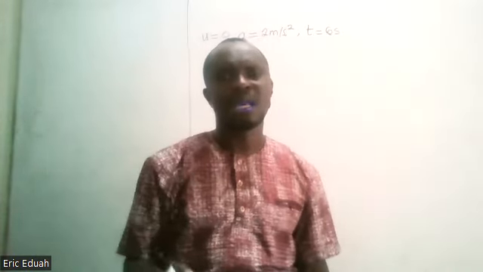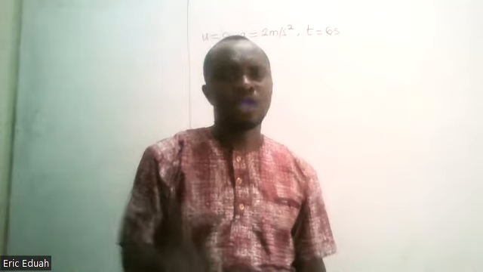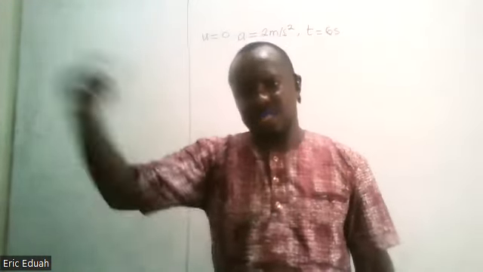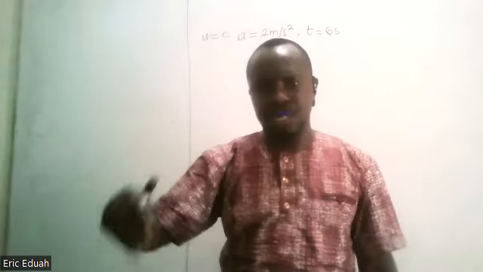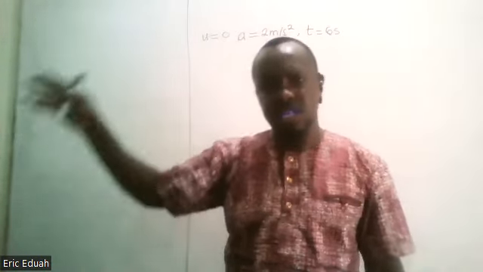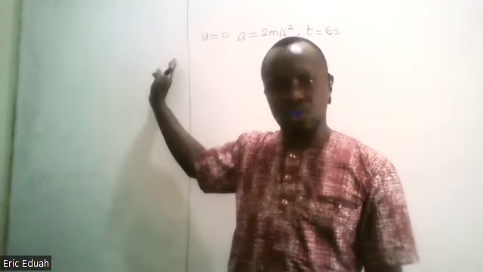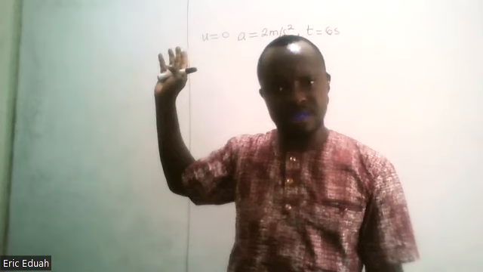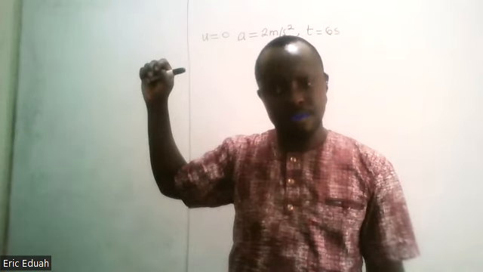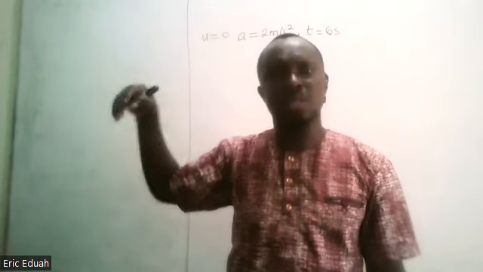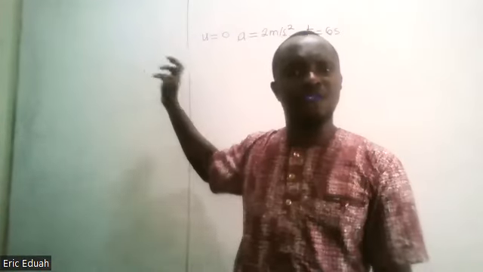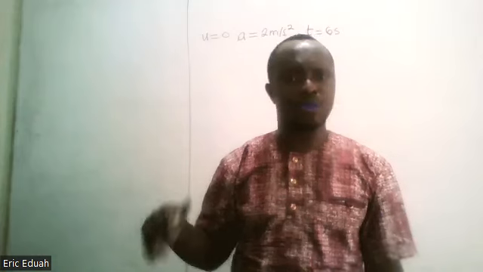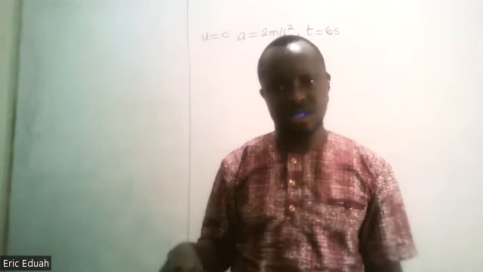It is starting at a point where the initial velocity is 0, so will the final velocity be greater or less than the initial velocity? Greater. Yes. So the final velocity when the body accelerates is expected to be greater than the initial velocity.